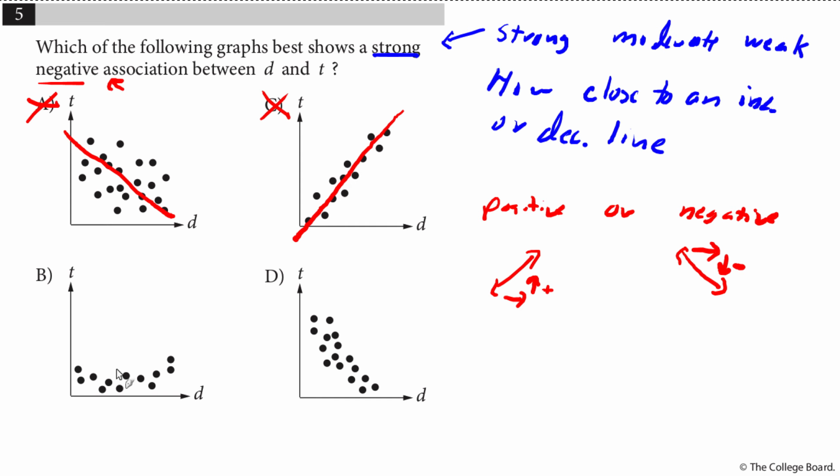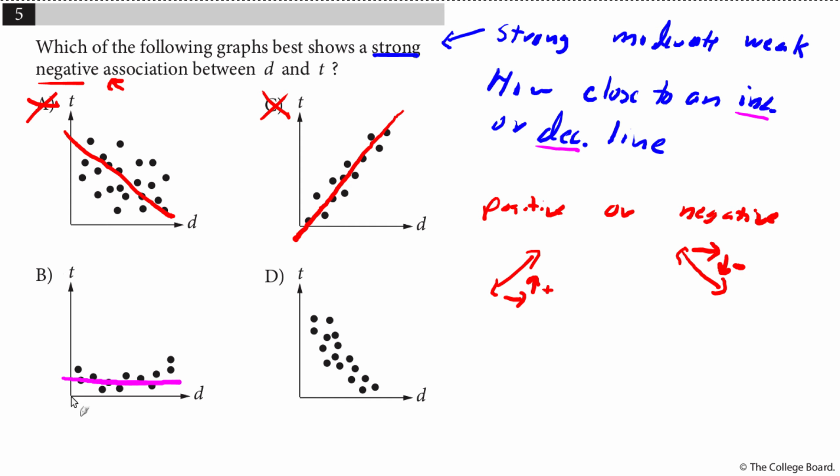This one, now here's a case that I want to stress. This looks almost horizontal, and the points are relatively close to that horizontal line. Notice how I said close to an increasing or decreasing line? This would be approximately no correlation. I'm not going to get too deep into it in this video, it's not the right place for that, but just to say correlation tries to describe the change in t by changes in d.